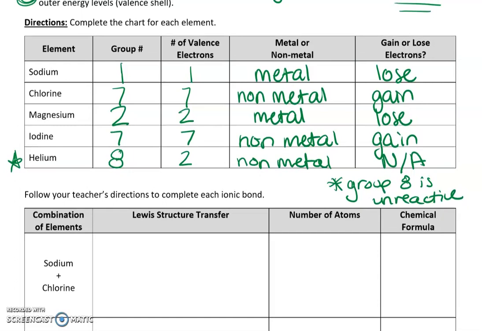If we were to bond sodium and chlorine, we're first going to model it by drawing a Lewis dot structure for each. I'm going to draw my sodium Lewis dot structure, and its symbol is Na. Because it's in group 1, it has 1 valence electron. Chlorine is Cl. Because it is in group 7, it has 7 valence electrons.